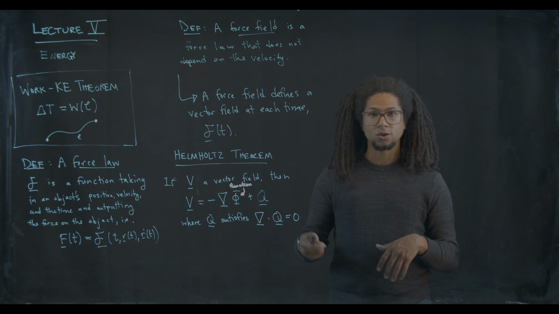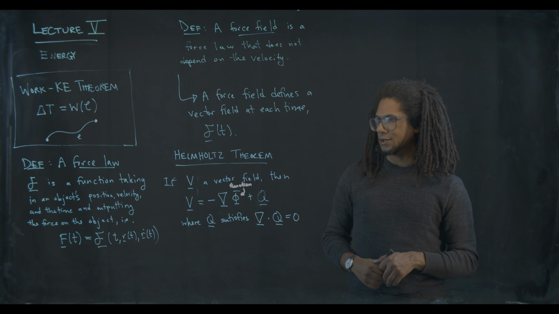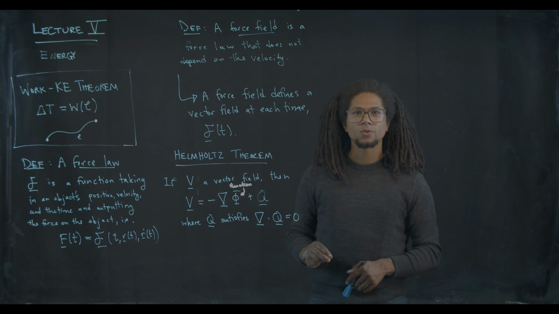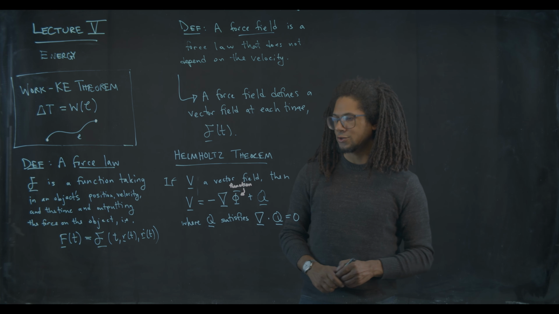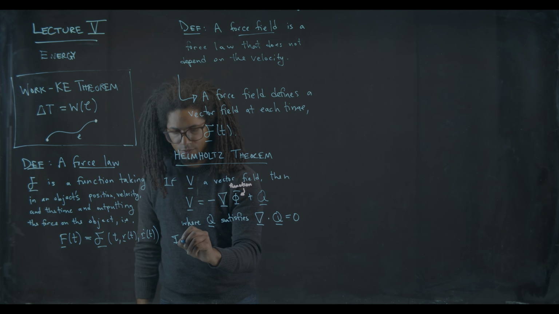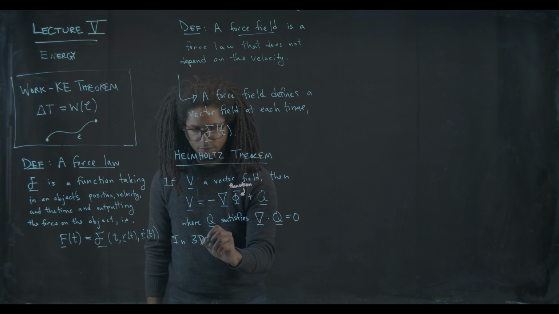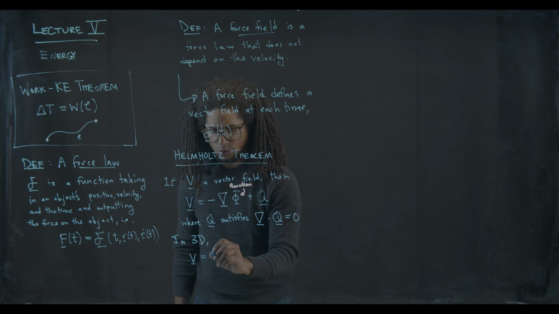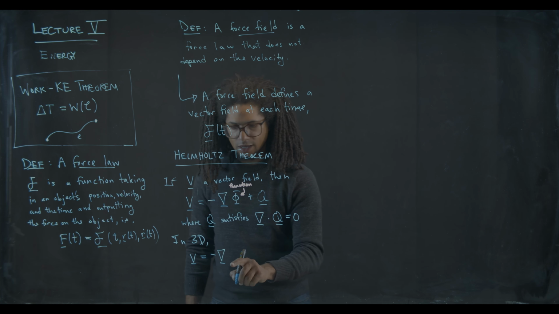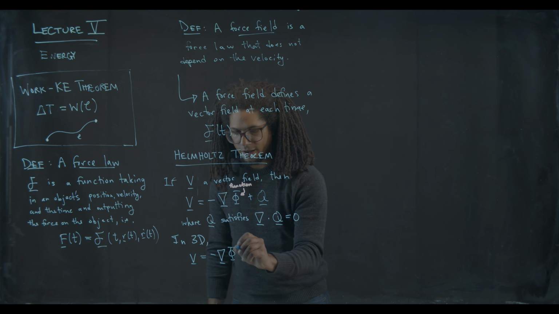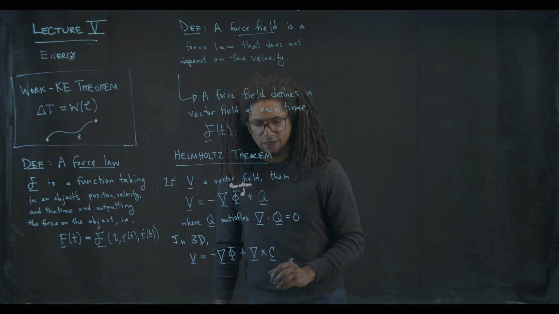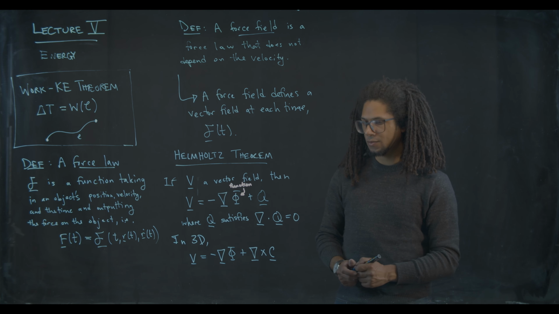And in this case, it takes it to the 0 function. Great. Okay, so in 3 dimensions, we have a special case of the Helmholtz theorem. So in 3D, we can say V is equal to minus del phi plus del cross C for some vector field.